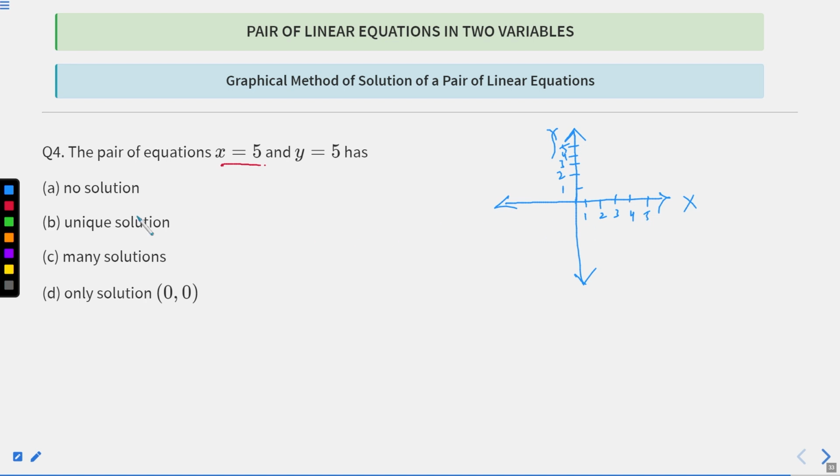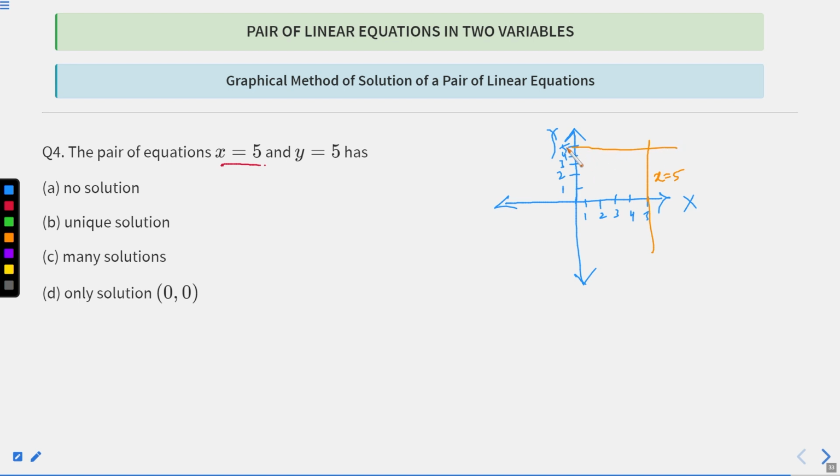This line represents the equation x = 5, and the equation y = 5 is represented by this line.